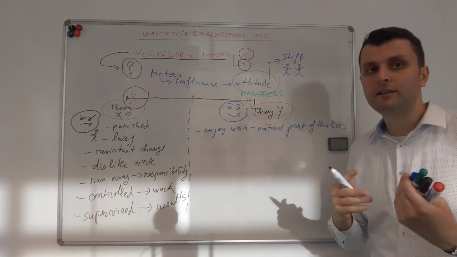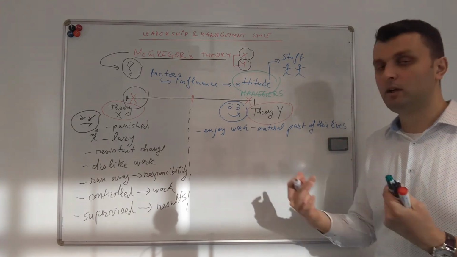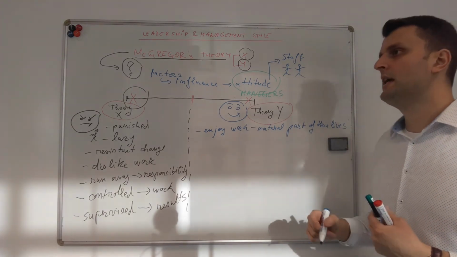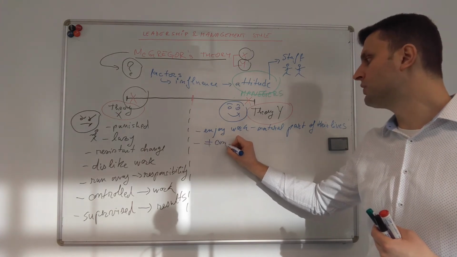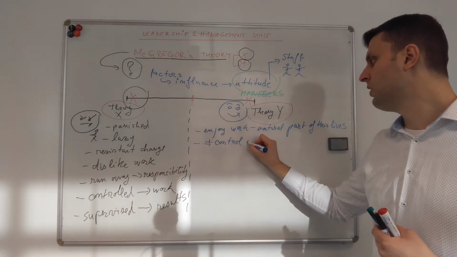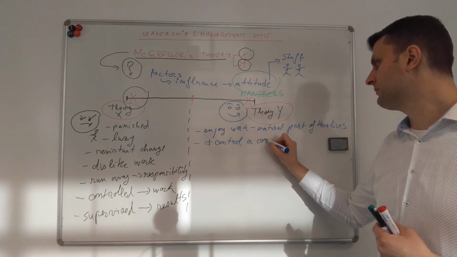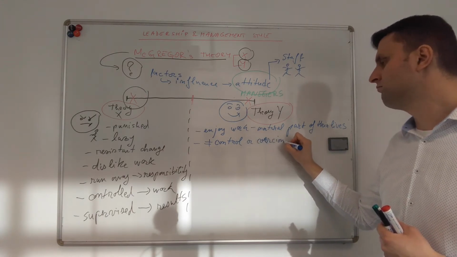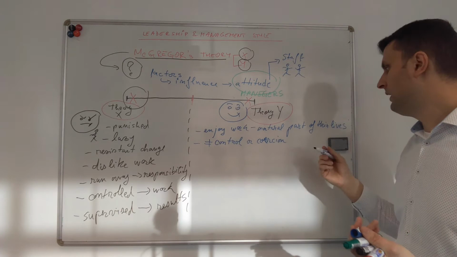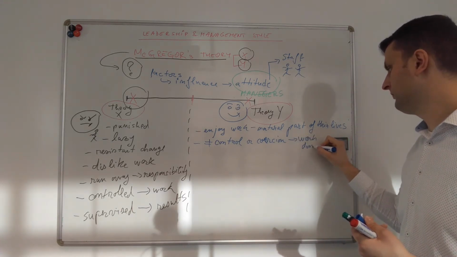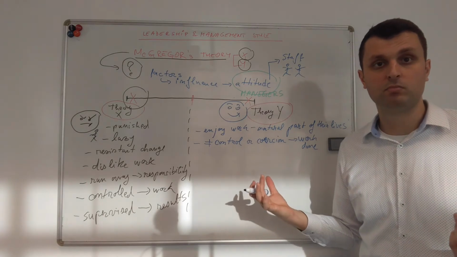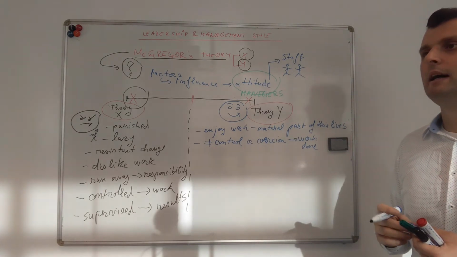They see this as natural as breathing or having physical exercise. You believe there is no need for control or coercion to actually get the work done and deliver results. You actually believe this.